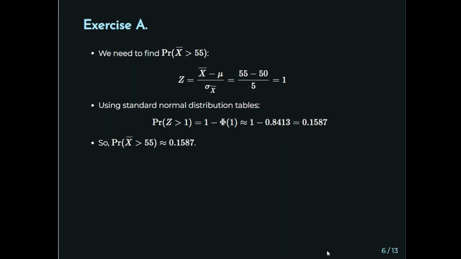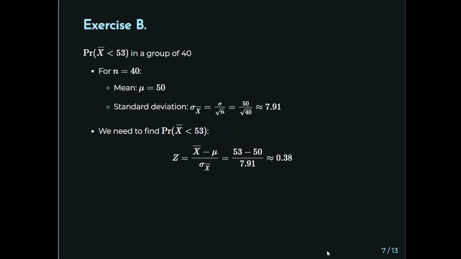Using the standard normal distribution tables, we're interested in the probability of z being greater than 1, and that is 1 minus phi of 1, where phi is the cumulative distribution function of the standard normal distribution. That is 1 minus 0.8413, which is equal to 0.1587, which should be a familiar number if you've any practice with the normal distribution. So the answer is the probability of x bar being greater than 55 is approximately 0.1587, 15.87%.